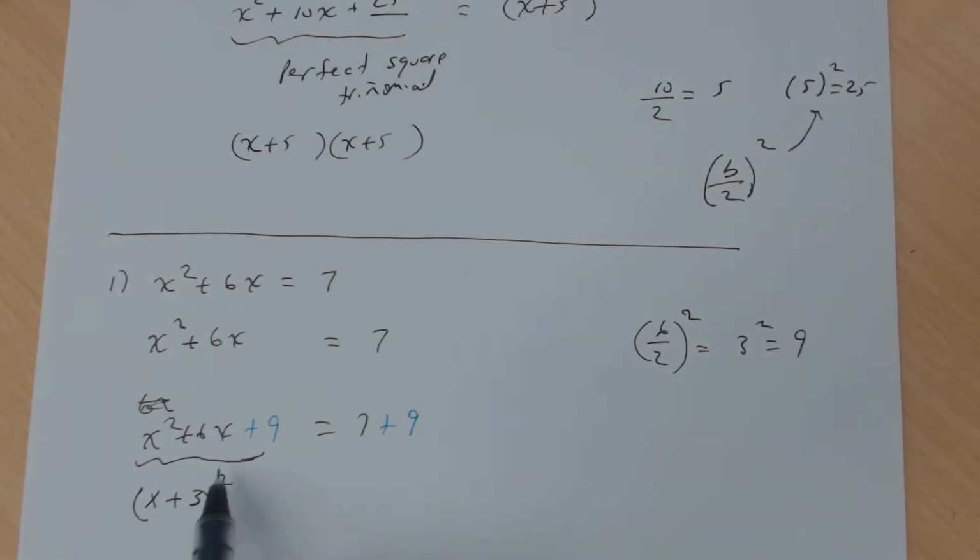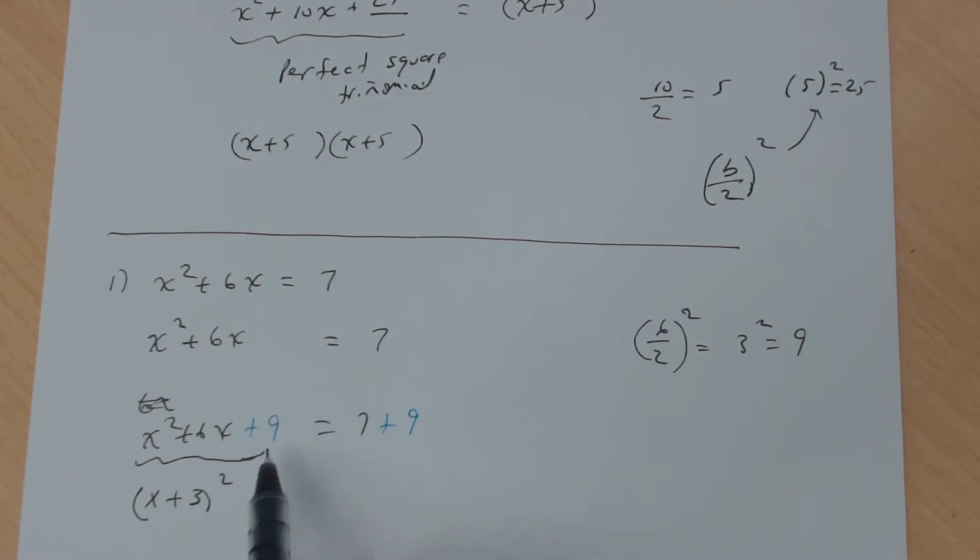This should be easy to do going from here to here, because remember how we got it. We took half of 6, which is 3, and squared it. So this number here, what times itself gives the last term, should be half of b. This right here is always going to be half of b.